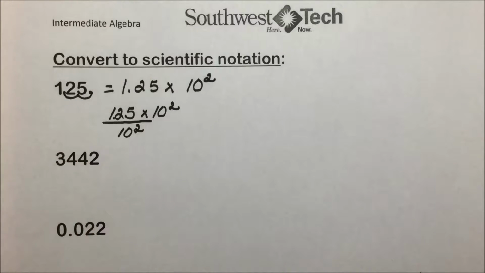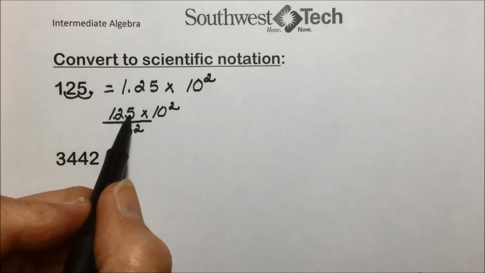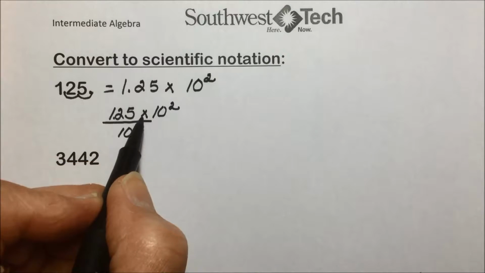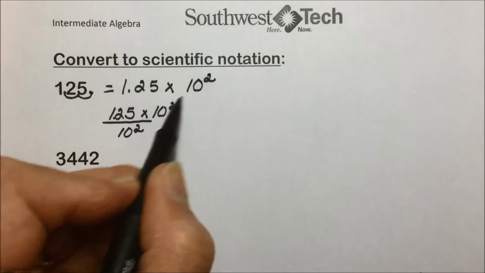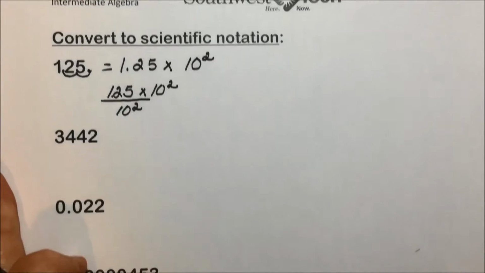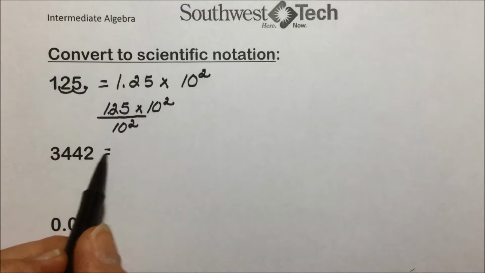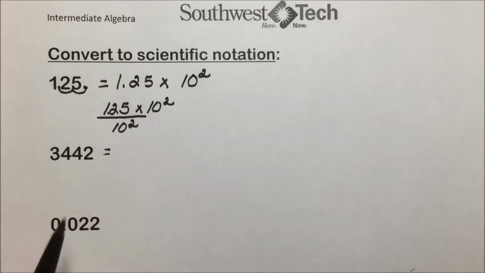This is truly what scientific notation is doing. So our 125 divided by 100 would give us the 1.25 times the remaining 10 to the second power. After we've been introduced to scientific notation, we understand the concept of the dividing and representing the equivalent of multiplying.